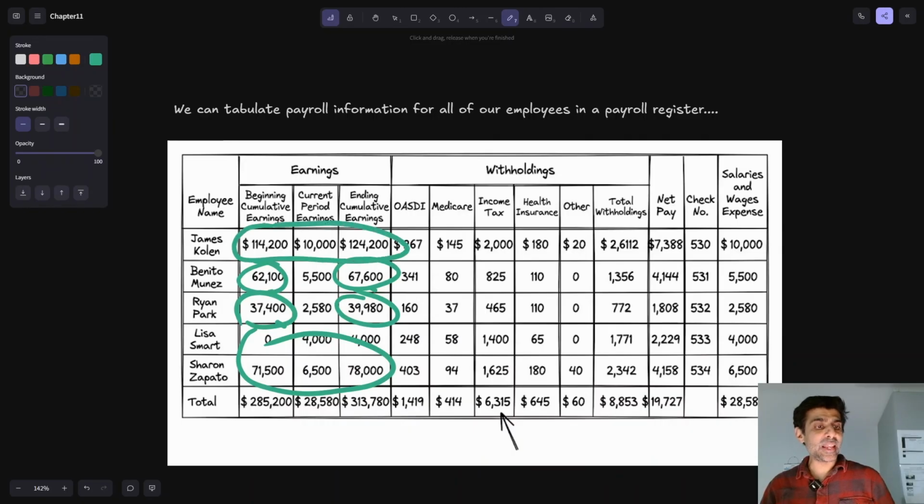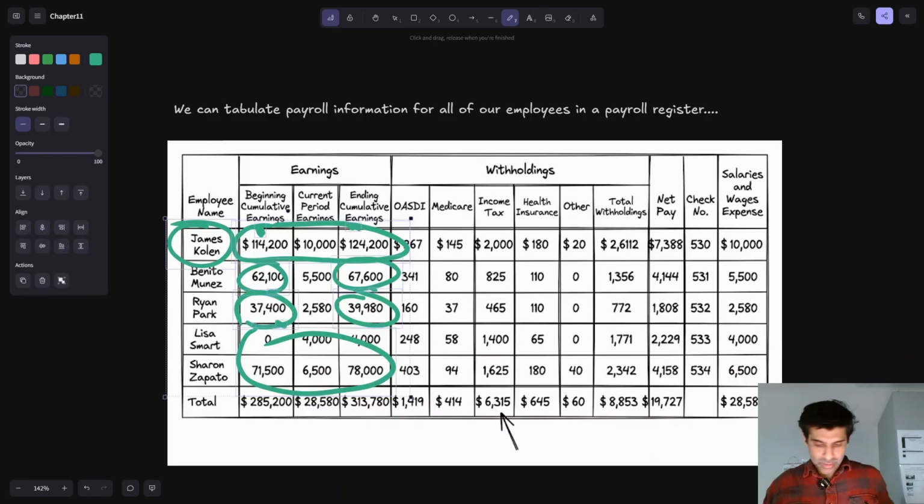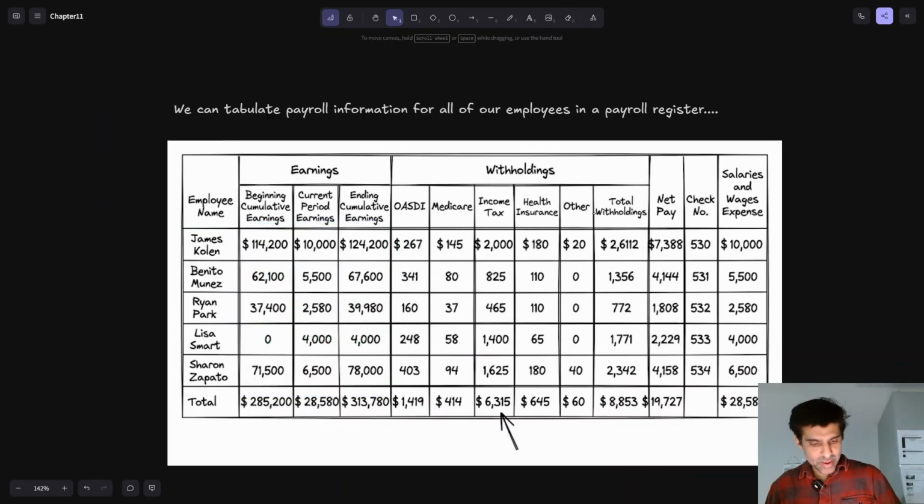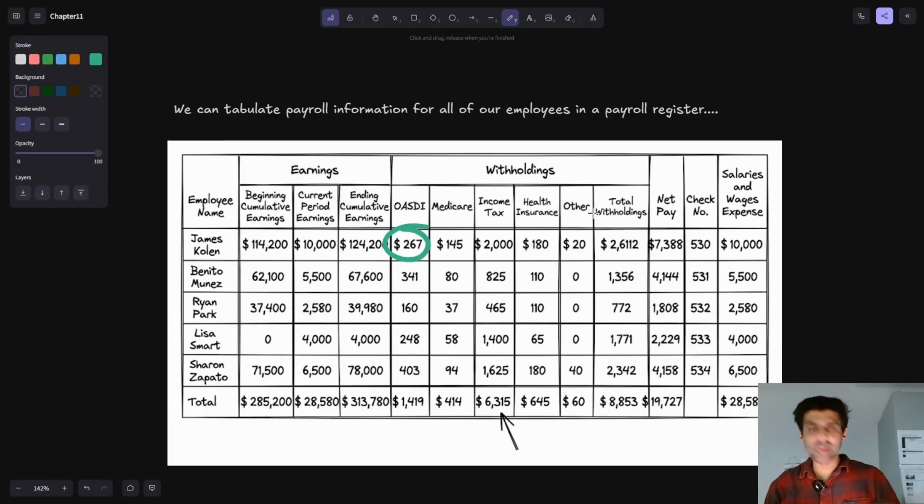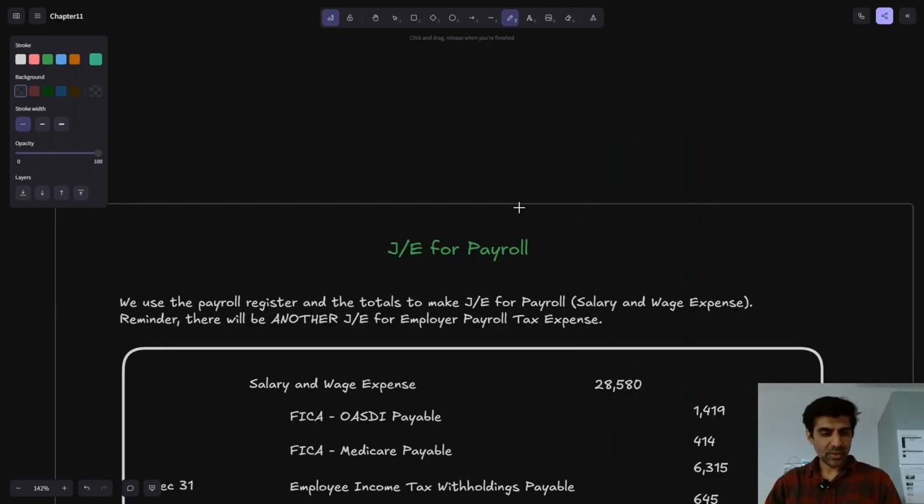You can see the beginning balance is under the limit, ending balance is over the limit. So this James Colon, we're going to have to do that special calculation to get to this OASDI number. This one's going to require that special calculation because this person crossed over the limit.